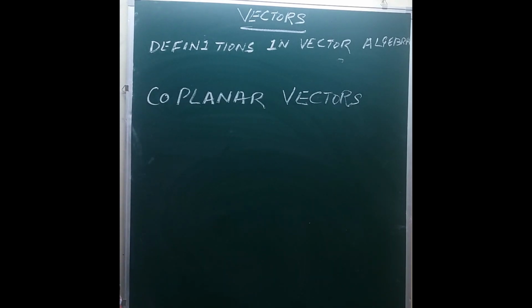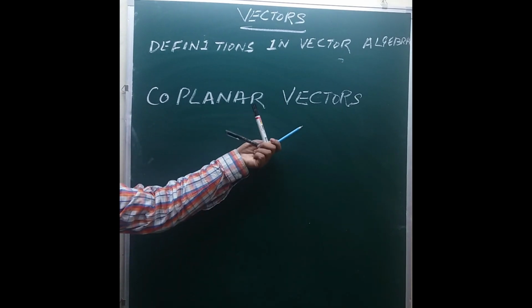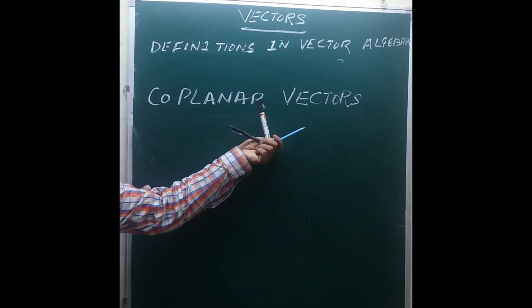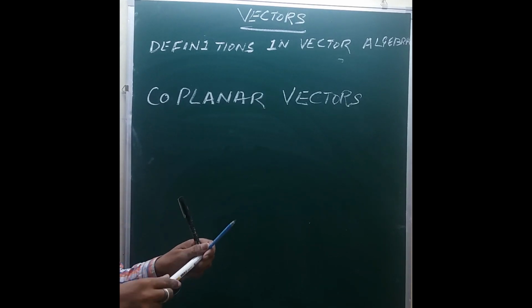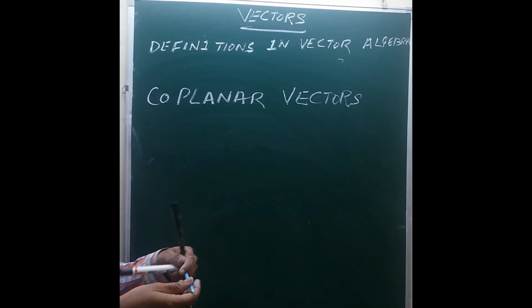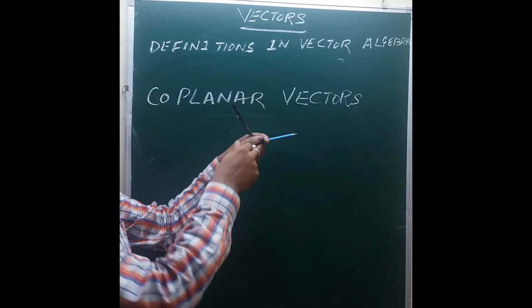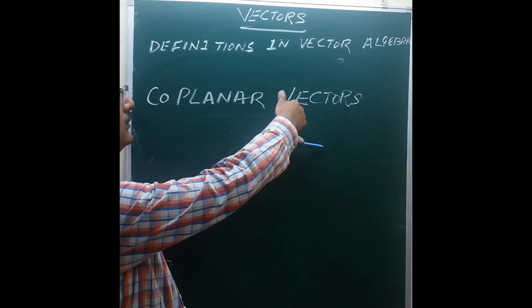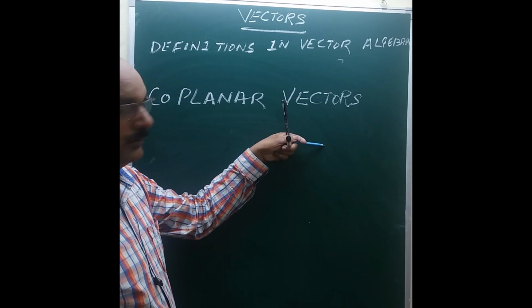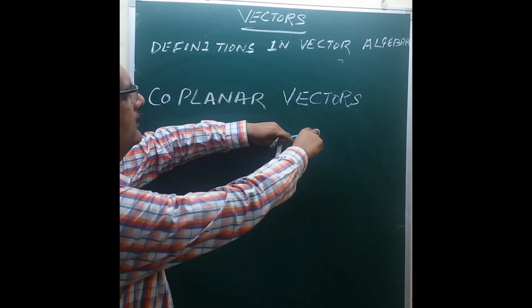What about three vectors? A, B and C. Are they lying on the same plane? Now, what about this? Right. Look here. A and B lie on the same plane. A and C lie on the same plane.